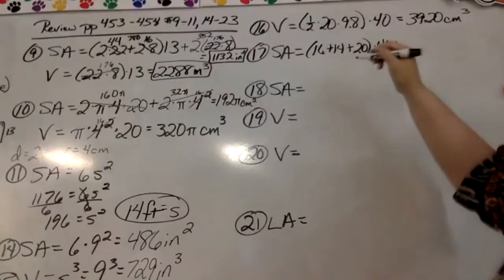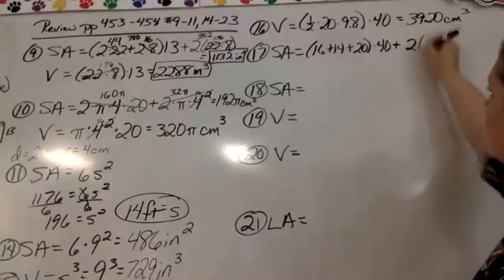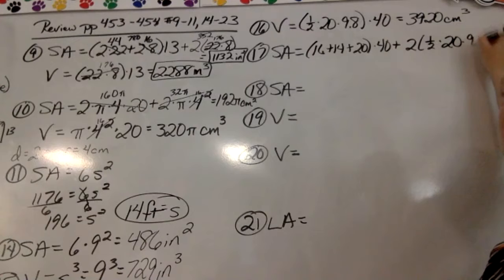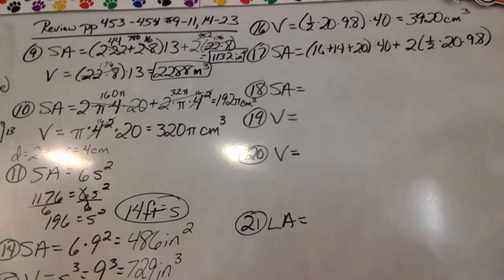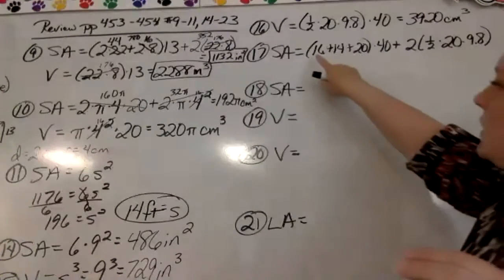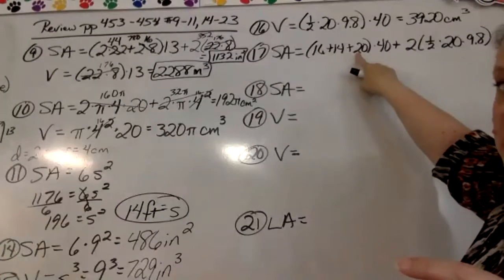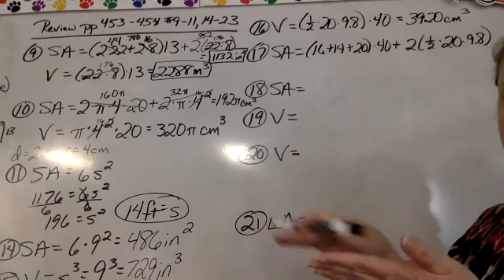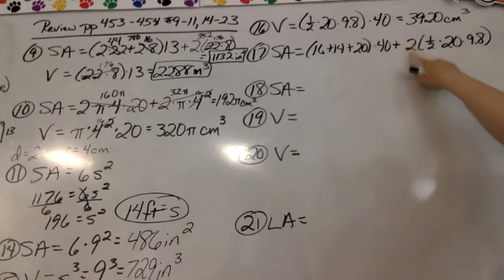And then the area of the two triangles on the end is 1/2 times the base times the height. So your formula for surface area: you have the perimeter of the triangle times the height. That's your lateral area, the three rectangles going around. Then you add the two triangles' areas on the end to get your total surface area. So this is what we have to work out here.